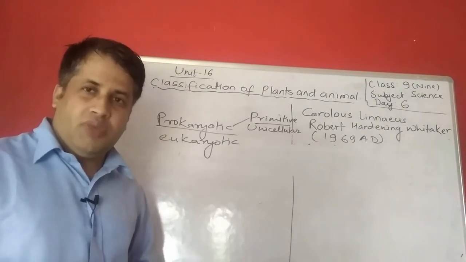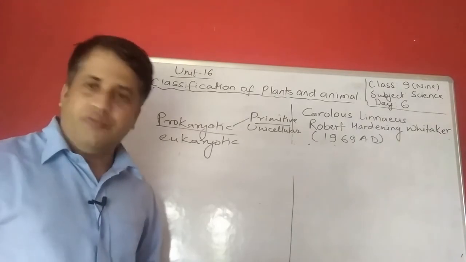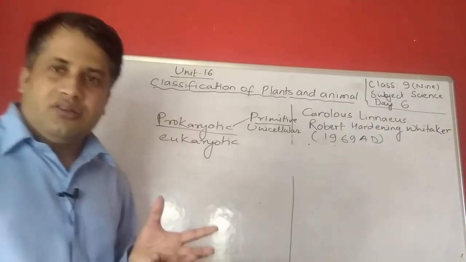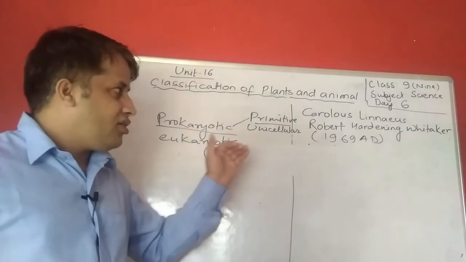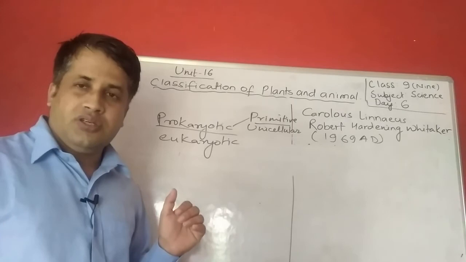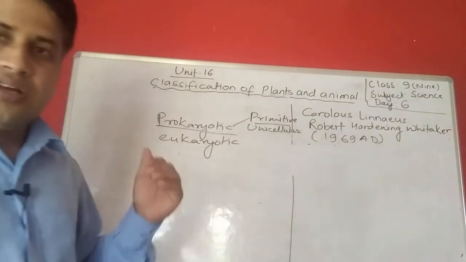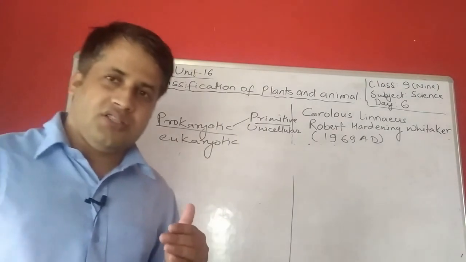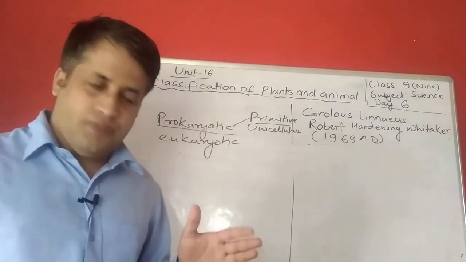There may be a chance that it may improve in the near future, but at present we consider the R.S. Whittaker method of classification as the modern one, and in coming classes we will start the classification of living organisms on the basis of the five kingdom system.